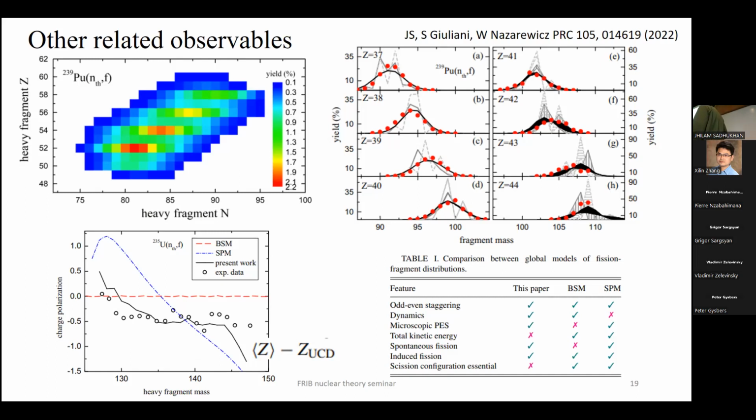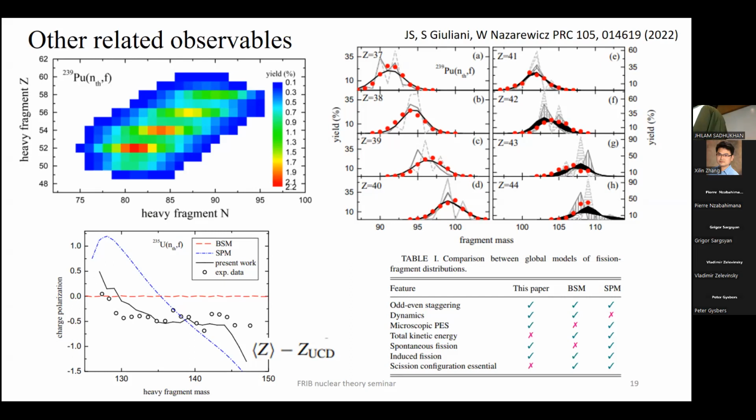And we can also calculate something called charge polarization, which measures the difference in isospin, like this Z. This is Z for the compound nucleus, and then we can calculate the average Z for all the fragments for a particular mass. And then if we take the difference, it gives us how the charge polarization is different from the compound nuclear N by Z. So here these dots are the data, and the solid line is our calculation, and this blue line is the fission point model.